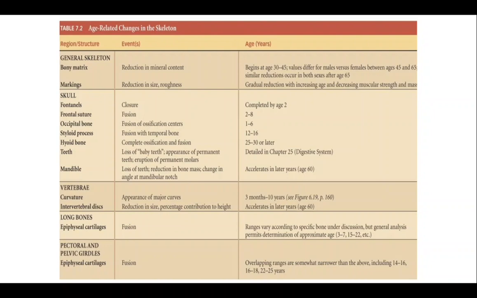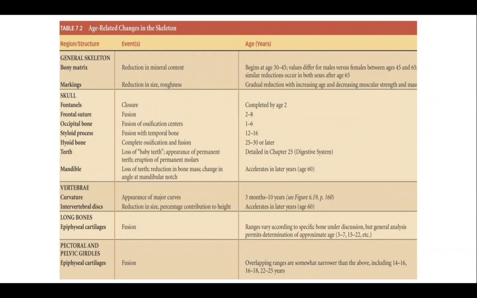So for the curves, you're going to develop them between 3 months and 10 years in childhood, but they will also change as you get older. You'll increase in curvature a little bit, as well as having the intervertebral discs reduce in size, accelerating more quickly after age 60.